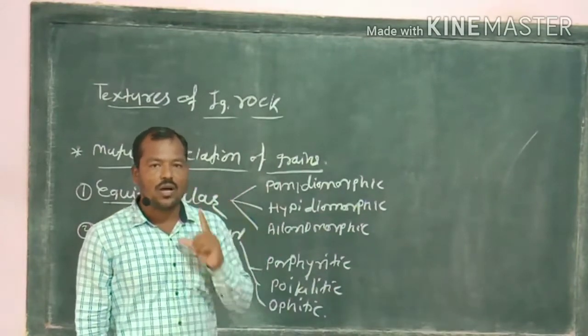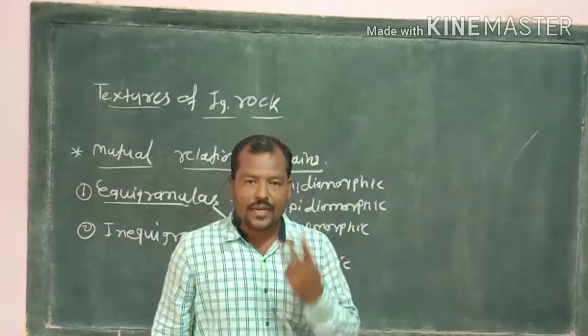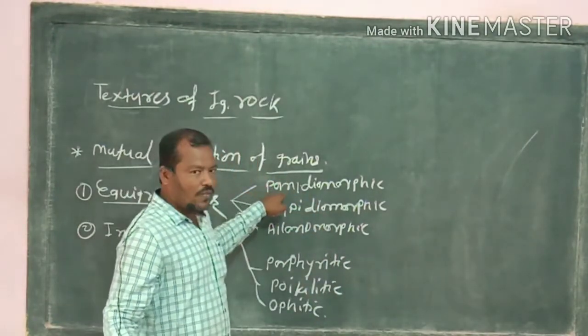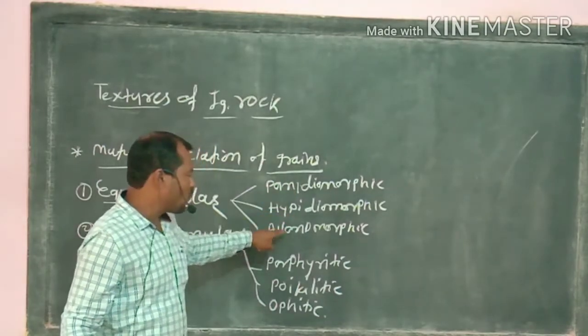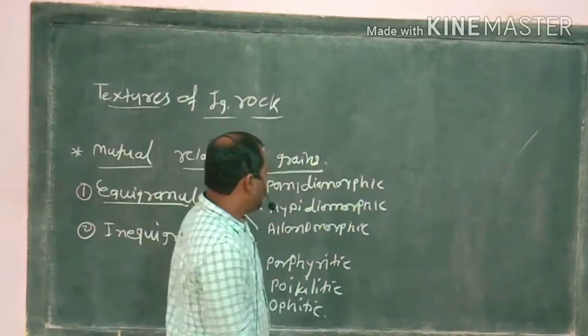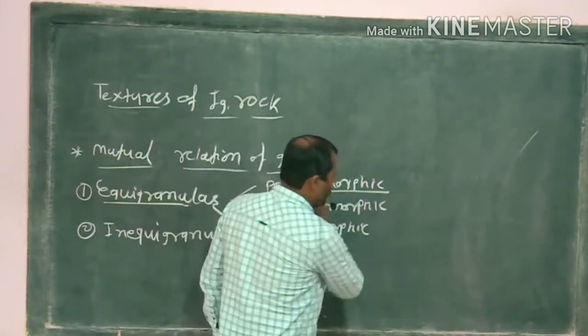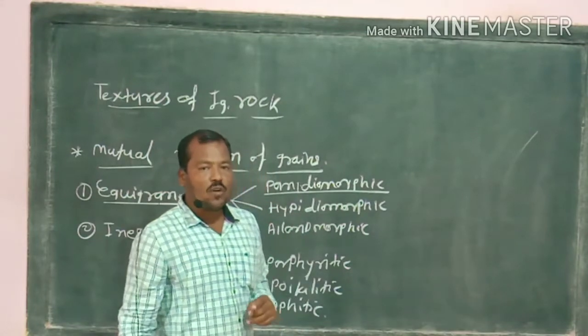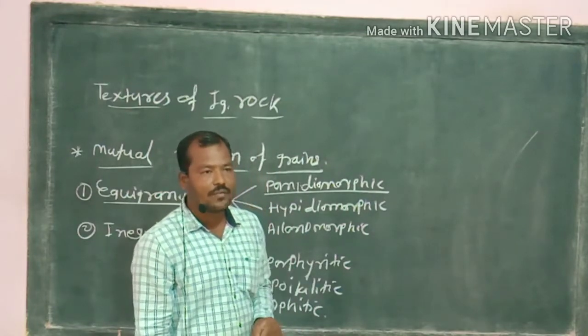This texture is again divided into three types, that is the panidiomorphic, hypidiomorphic and allotriomorphic. The panidiomorphic texture is a texture in which all types of euhedral grains are present.